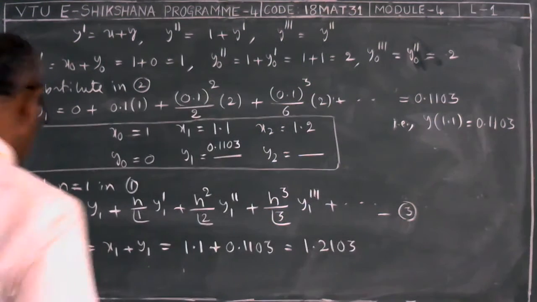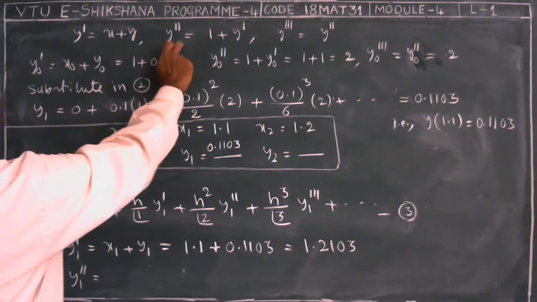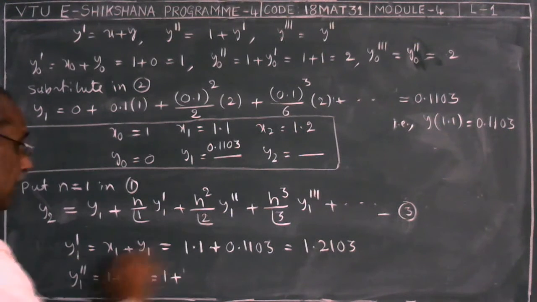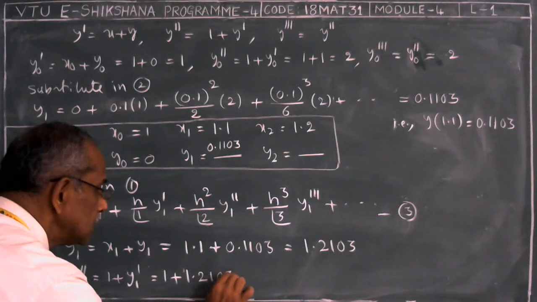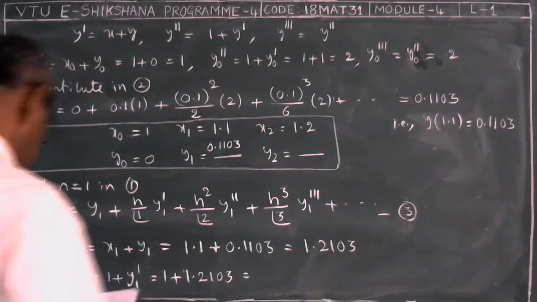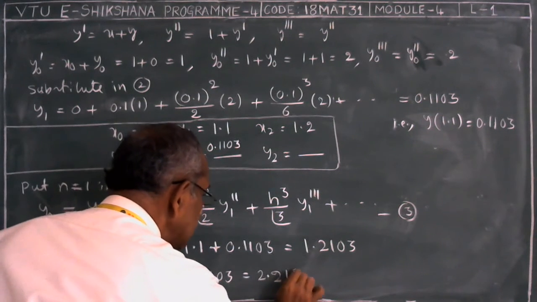Similarly, y1 double dash is 1 plus y1 dash, that is 1 plus 1.2103, so this is 2.2103.